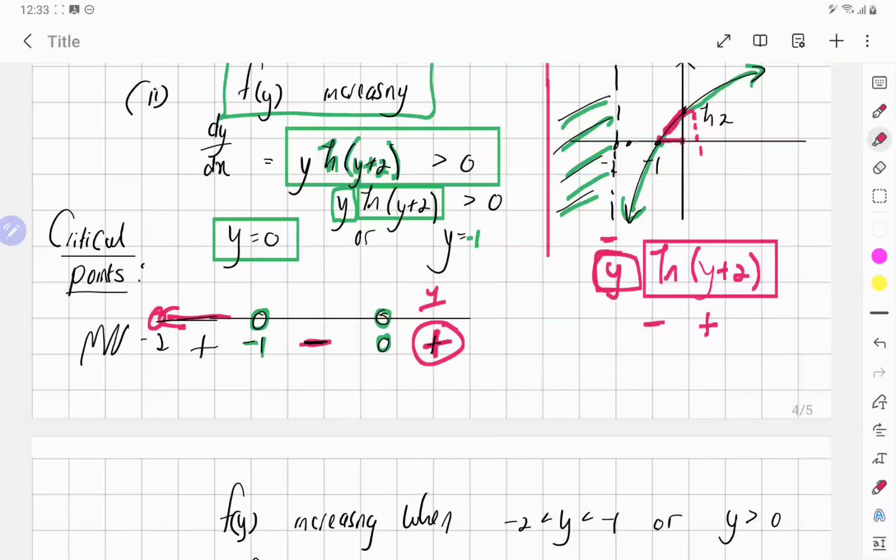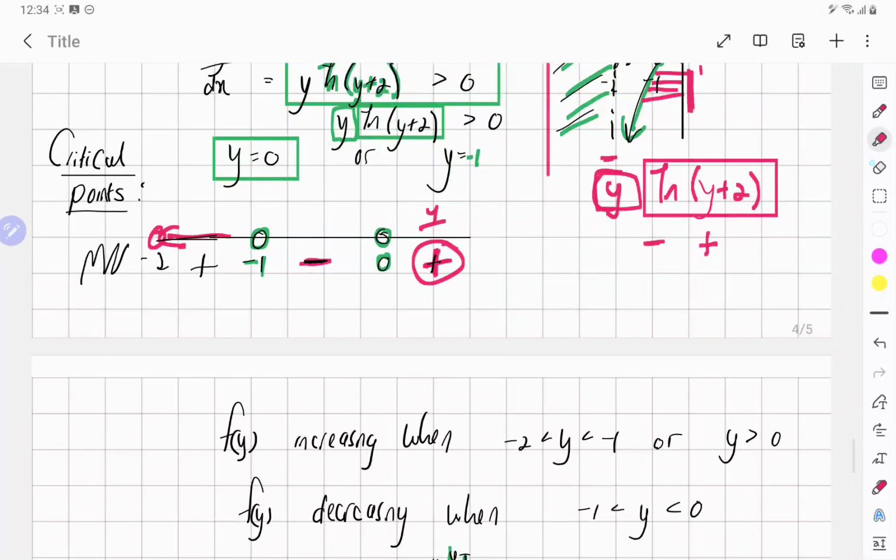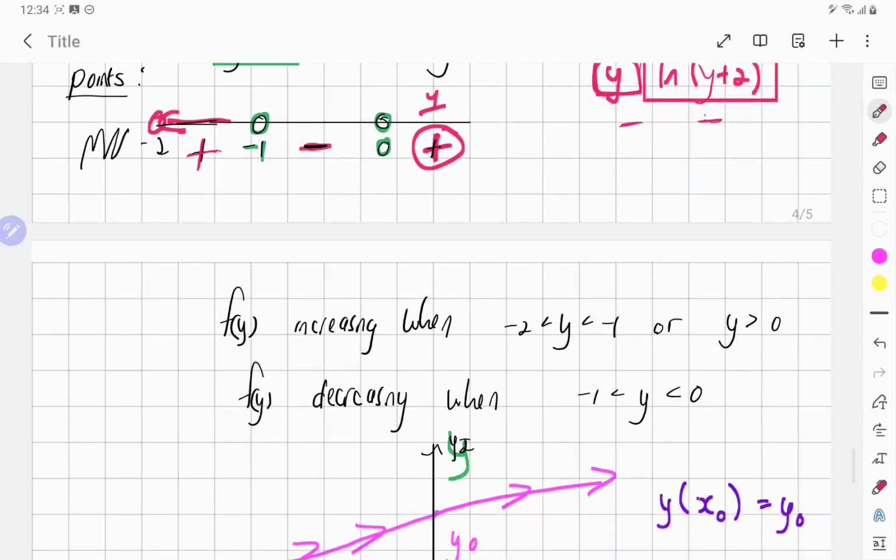So if I do values in between here, what do I see about my line graph? My y values are negative. So here I will have a negative. Here I have a negative. Negative times negative, positive. So that was a bit different.